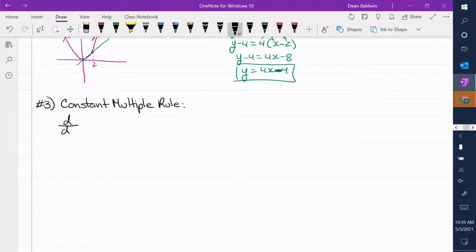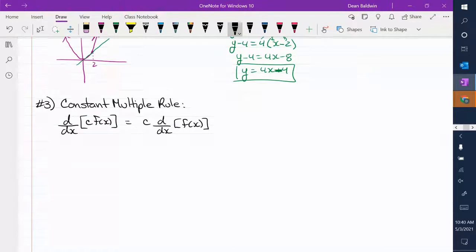Remember, a derivative is all based around a limit. If I have a constant being multiplied by a function, just like in limits, you can pull the constant out. So I can rewrite this as c times the derivative of f of x. Or you can write, if you want, c times f prime of x. It all means the same thing.